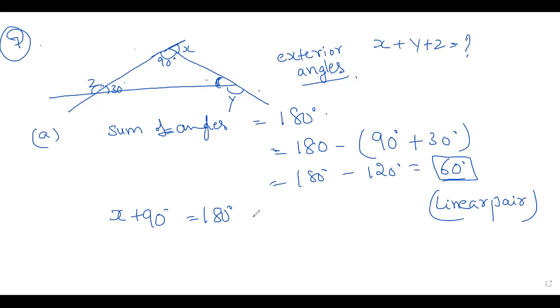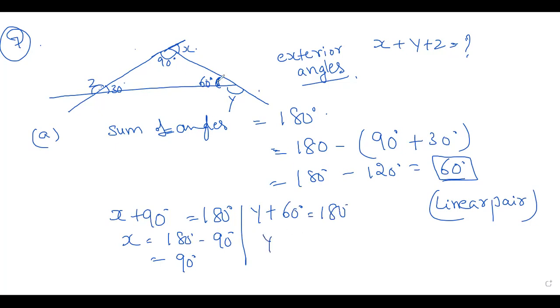So X is equal to 180 minus 90, that is equal to 90 degree. So the value of X is 90. Then come to Y. So Y plus, already we have found this angle, that is 60 degree. 60 degree is equal to 180.